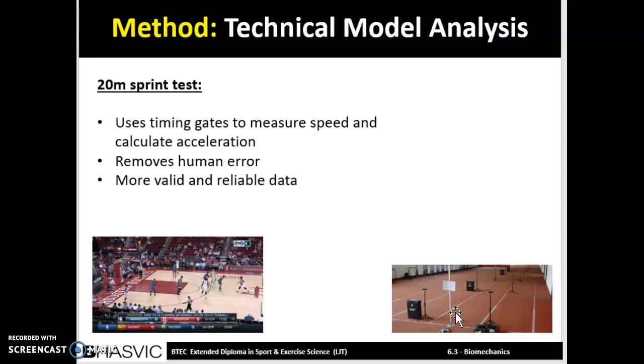This also removes perspective error, which is part of human error, as if they were running 20 meters, a person would have to stand at a set point and see them run through these different areas at different angles, meaning by the time they press their stopwatch, the performer wouldn't actually be at the gate at that time. So using this, it's all about using accurate and precise data.